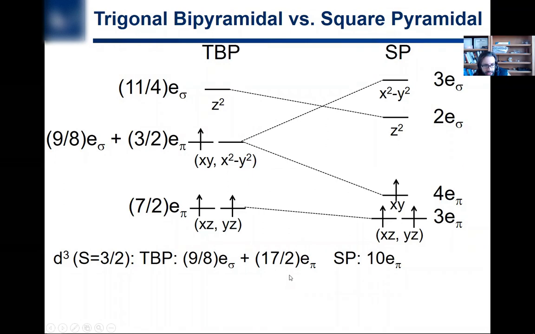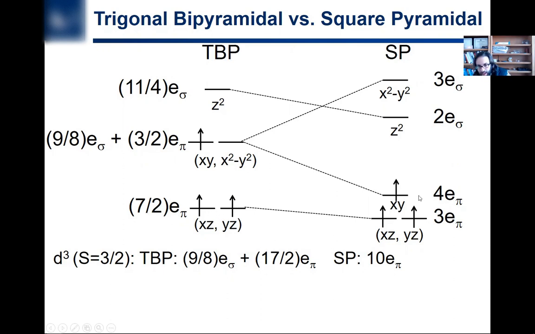But what's interesting with the D3 case is you can have now multiple spin states, right? So now you can go into a quartet where you have 3 unpaired electrons, okay? And if you're a quartet, now your energy is different, right? Your energy is going to be very high for TBP because you have now this 9/8 e sigma term. So how did I get this? I just added 9/8 e sigma plus 3/2 e pi, there's 1 electron in there, plus 7/2 e pi for this electron, plus 7/2 e pi for this electron.